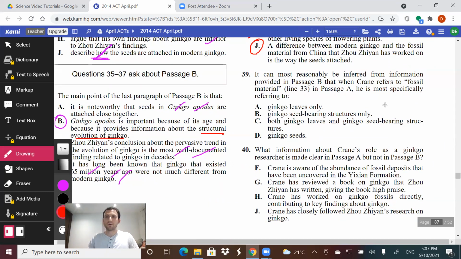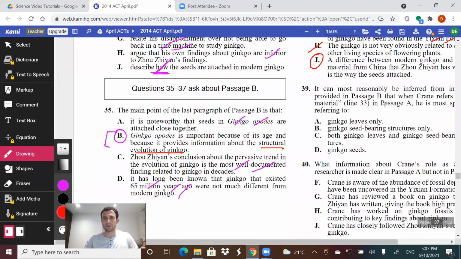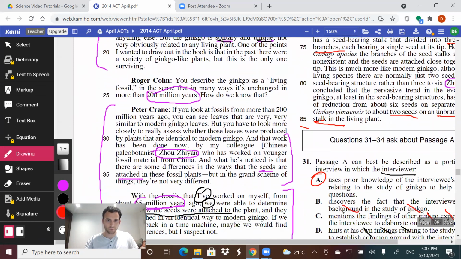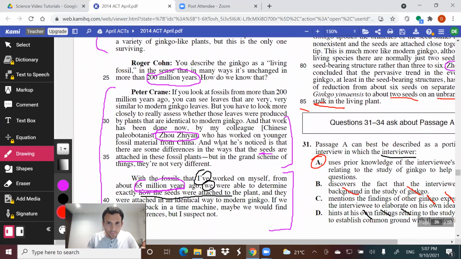Okay. 39. It can most reasonably be inferred from information provided in passage B that when Crane refers to fossil material in passage A, he's most specifically referring to... Okay, so let's go back and look. 33.